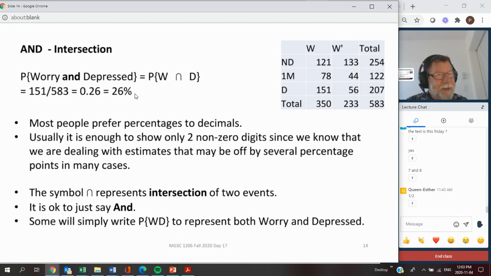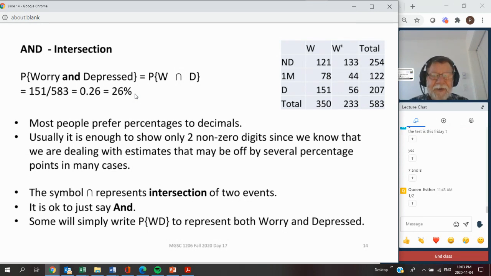If you're showing the decimal, you show the leading zeros, the zeros that come right after the decimal point, until you get 2 real numbers, but don't go beyond 2 real numbers. And also remember, it's an estimate. My 36% or this 26% is just based upon 583 students, so I know it's probably off by 3 to 4 percentage points either way, because I can't estimate that accurately.